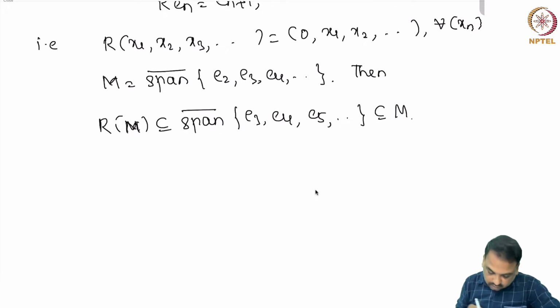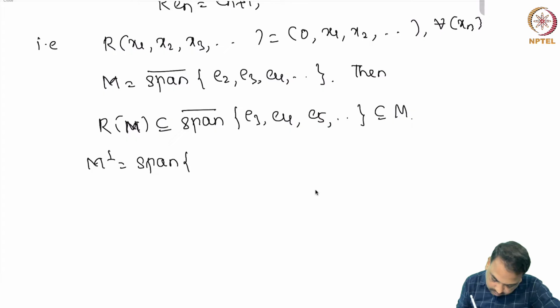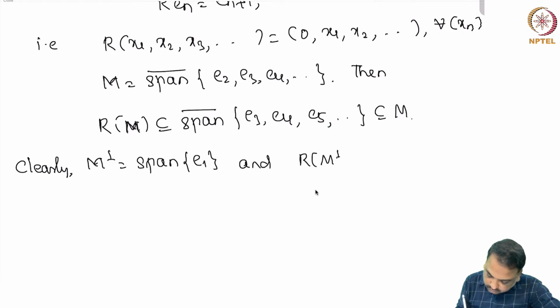Now if you look at M perp, that is the span of E1, and if you look at R of M perp, that will shift one unit to the right.